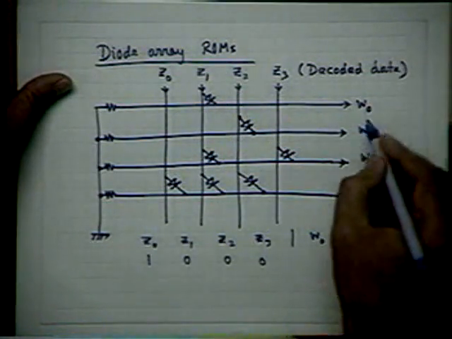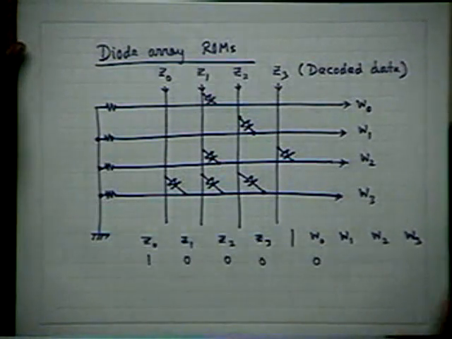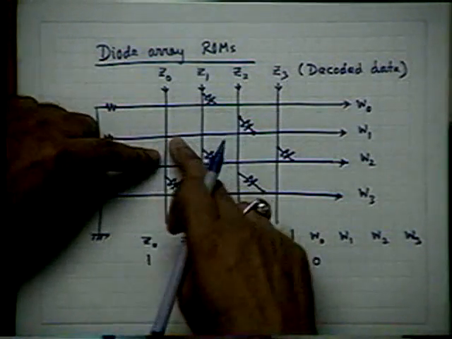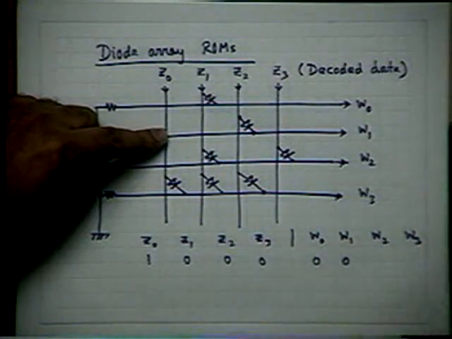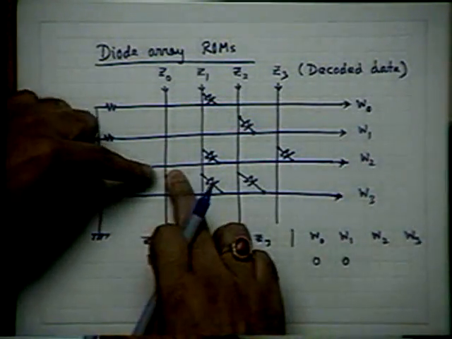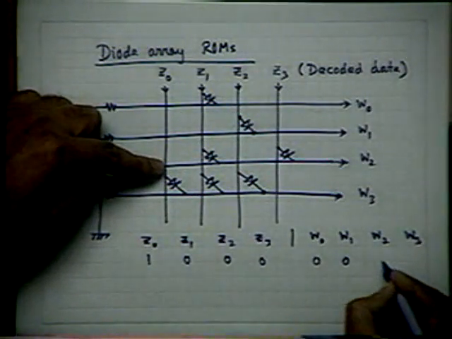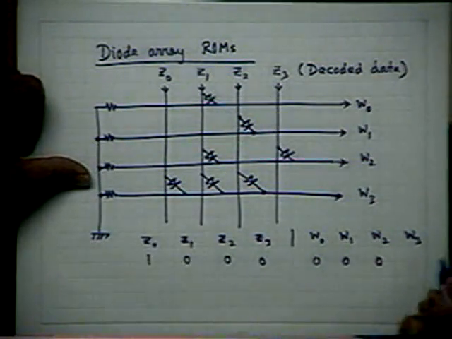So W0 will be 0. What about W1? Again, here I have connected 1. So again, this will be 0. What about W2? 0. And what about W3? 1.